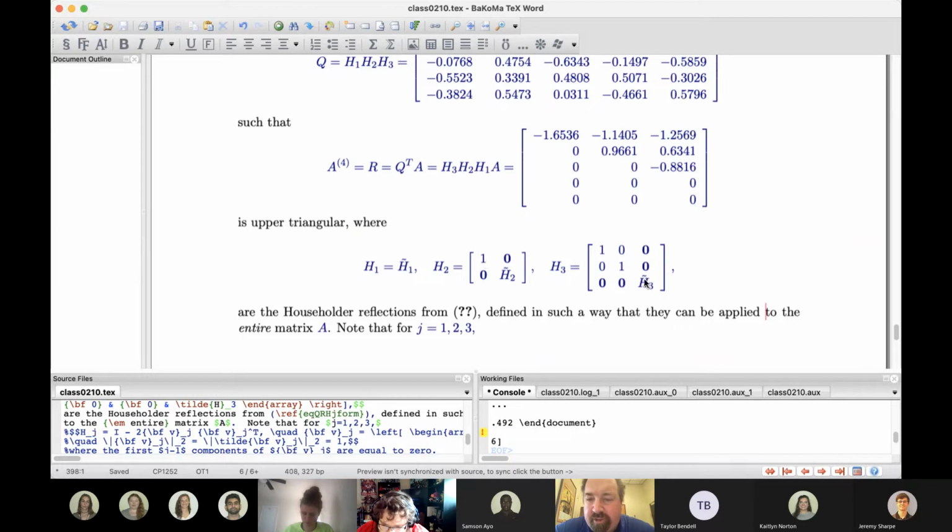H3 is a Householder reflection that worked on the third column with a 2 by 2 identity matrix. That way, every single one of these matrices is M by M, 5 by 5. Because H1 tilde is 5 by 5, this is 4 by 4, this is 3 by 3, because each Householder reflection in turn is zeroing fewer elements. So each of these H tildes are smaller.